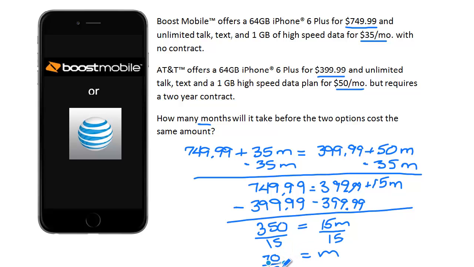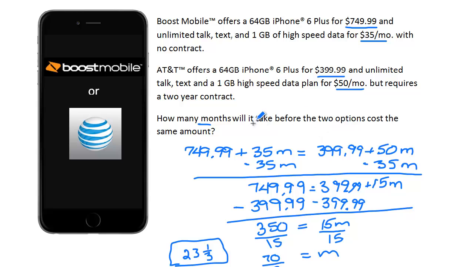So 70 divided by 3, 3 goes into 7 2 times. And we'll take 3 times 2 and get 6. So we have 1 left over. 3 goes into 10 3 times. And we'll have 1 left over. So 23 1/3 months is how long it takes before those two plans are equal.